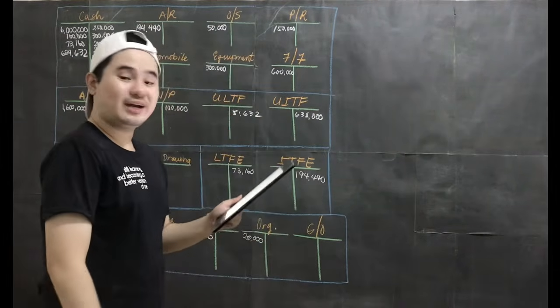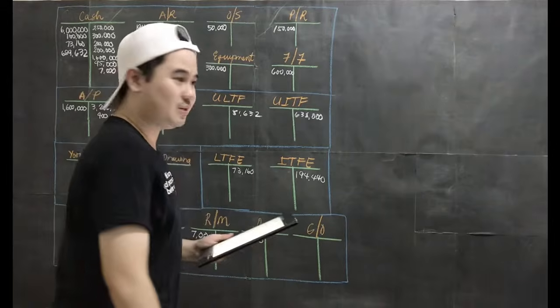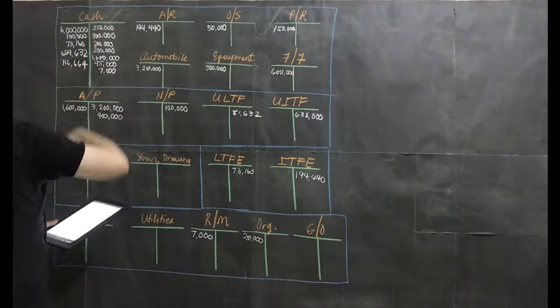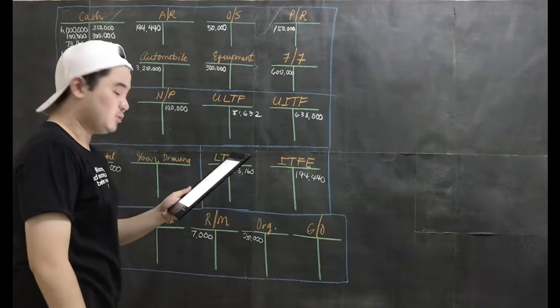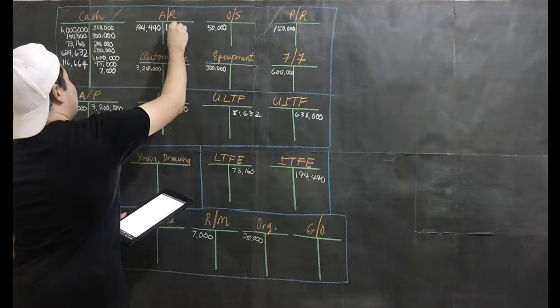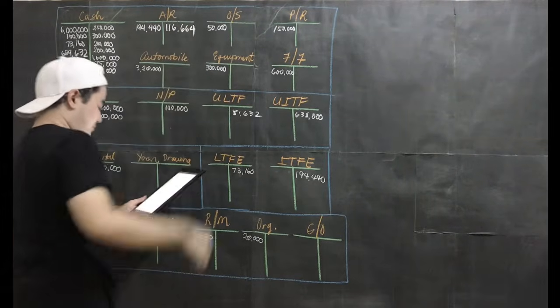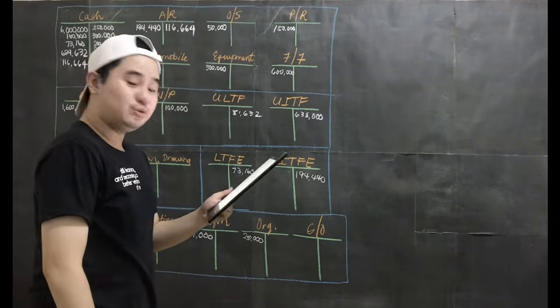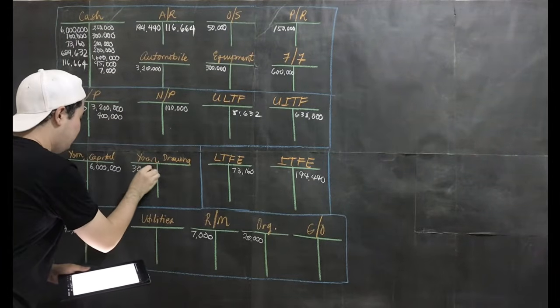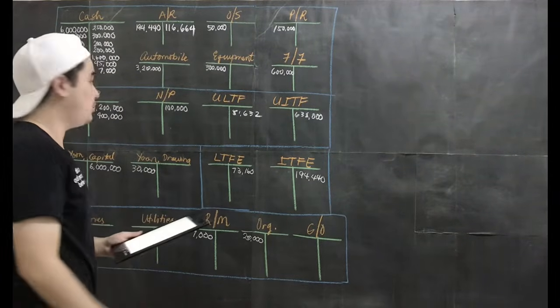Okay? Debit cash, 116,664. Credit accounts receivable, 116,664. Debit Yun drawing, 30,000. Credit cash, 30,000.